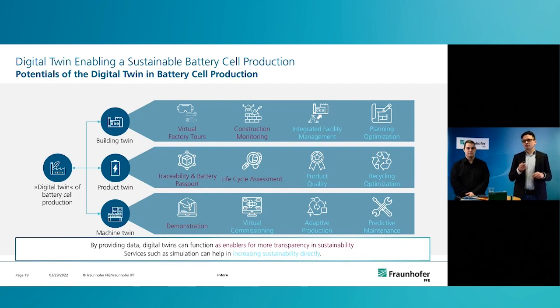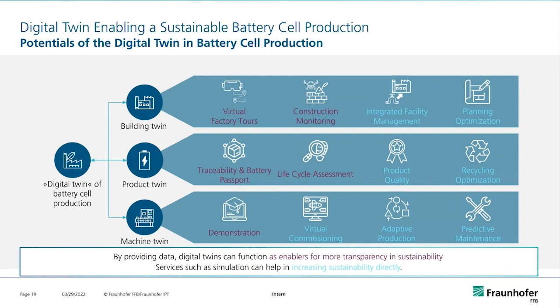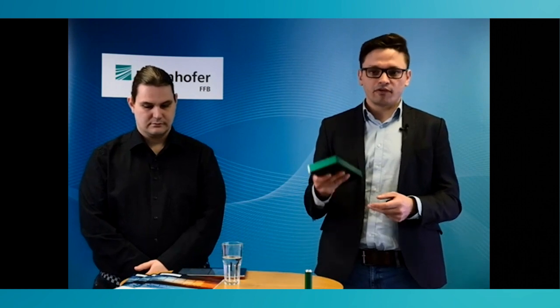If we, for example, take a look at the product twin, if you have all of the data available of your product, so your battery cell, about which material was used to produce it, which machines were used to produce it, what was the amount of energy that was consumed to produce this battery cell, and you have the product twin for this battery cell available, it's possible for you to conduct a life cycle assessment for this specific battery cell and have this very transparent information available for each of your cells, which brings a lot of advantages.